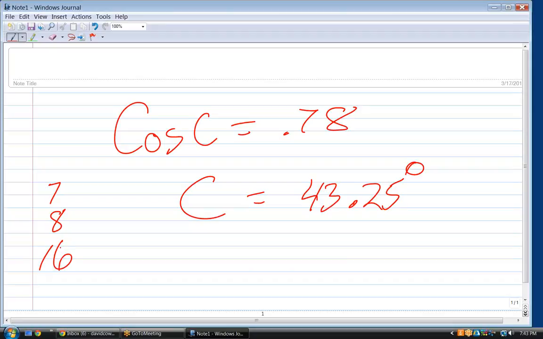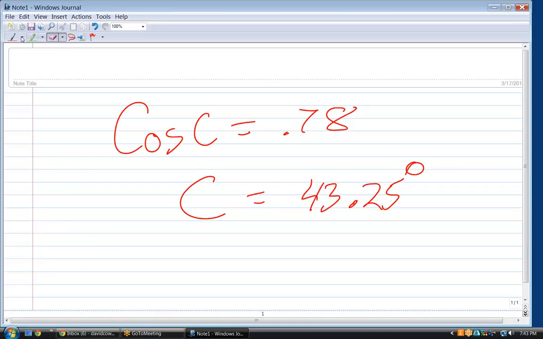Well, 16 is not less than 7 plus 8. So this can't be a triangle. And if I gave you this and you tried solving it using the law of cosines, you would end up with cosine of one of these angles being greater than 1. Okay? So that's your clue to look for. Whenever you see this is greater than 1, you know that you've been given an impossible triangle.